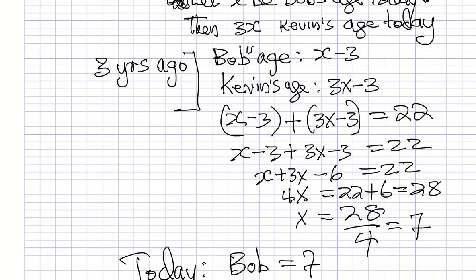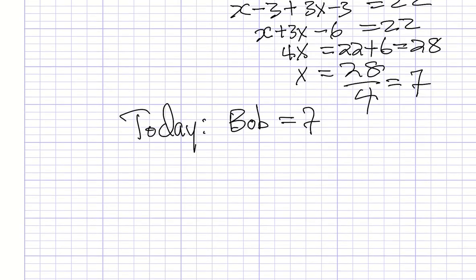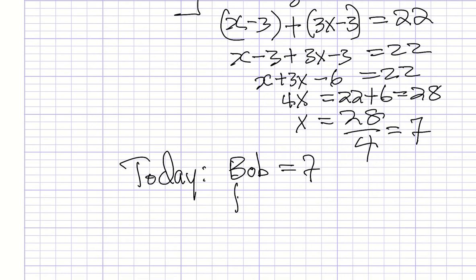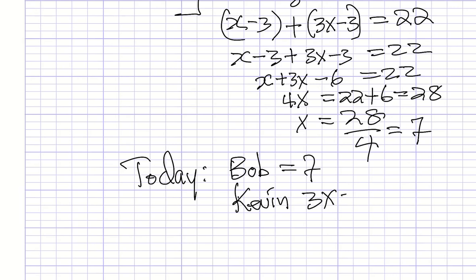And then Kevin, see what it says? Kevin is 3x today. So 3x is 3 times 7, and that's 21. So today Kevin is 21, Bob is 7.